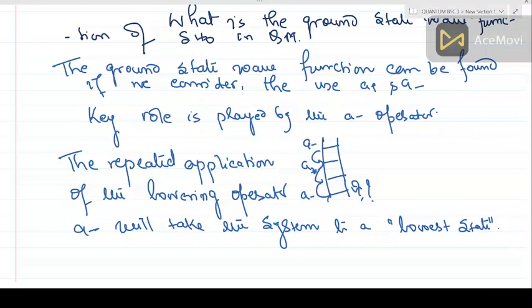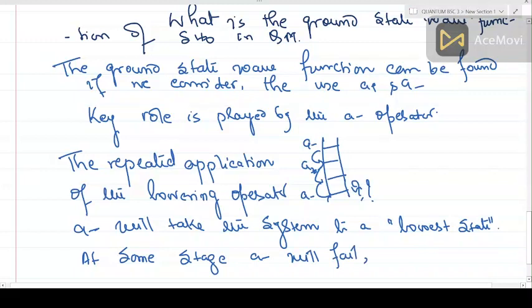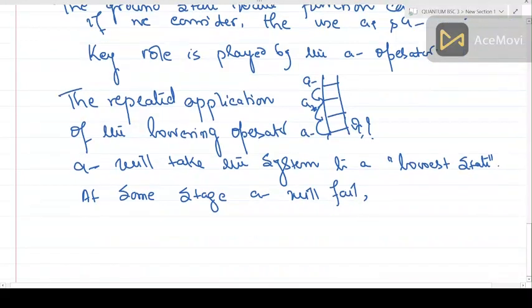This operator means some kind of a formula, some kind of a machine, some kind of a device that is taking you to a new state. At some stage, A minus will fail.